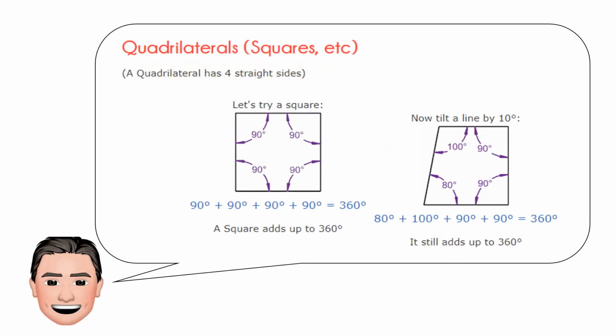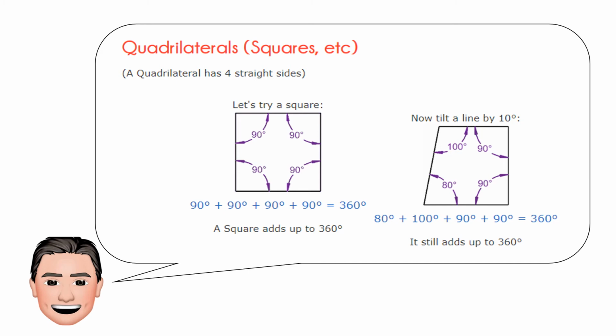Quadrilaterals, squares, etc. A quadrilateral has four straight sides. Let's try a square. 90 degrees plus 90 degrees plus 90 degrees plus 90 degrees equals 360 degrees. A square adds up to 360 degrees.